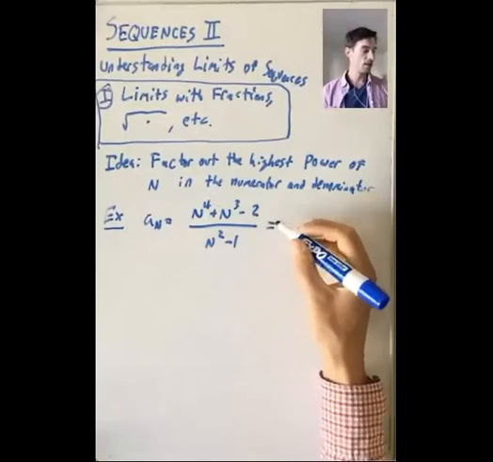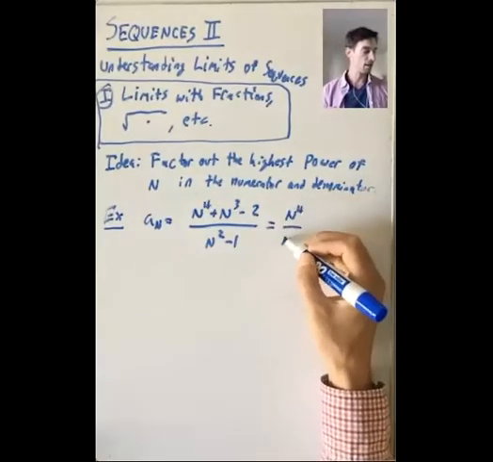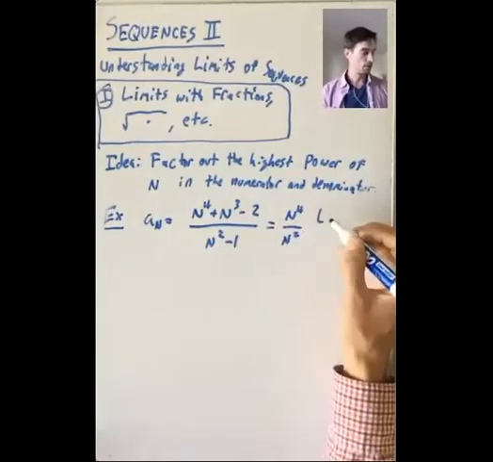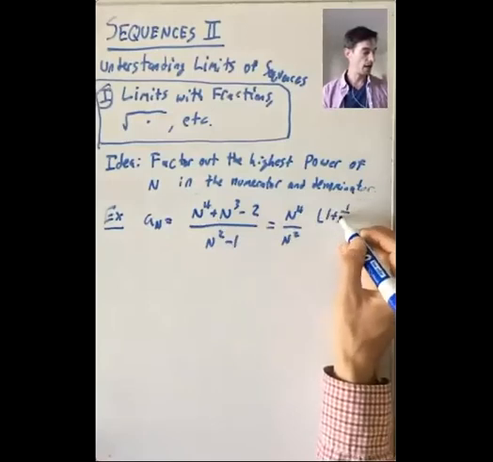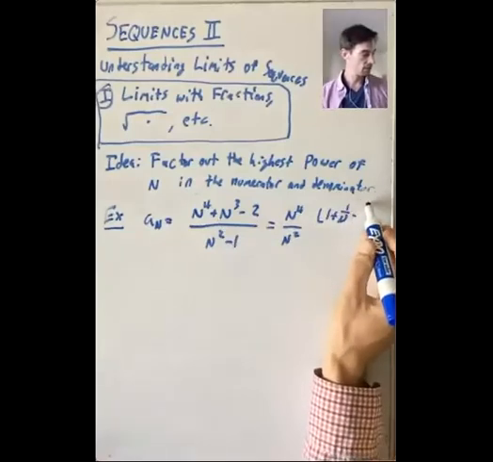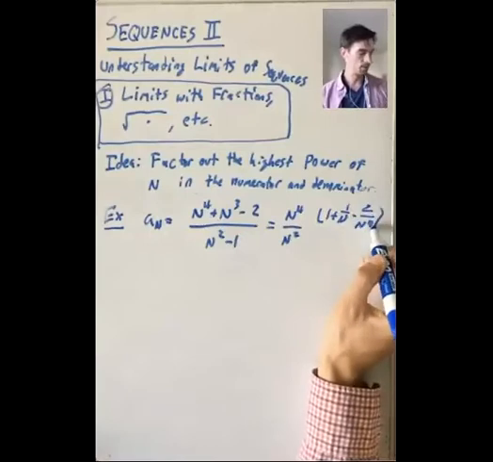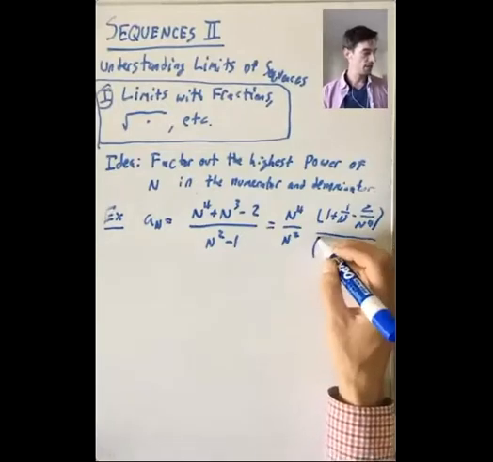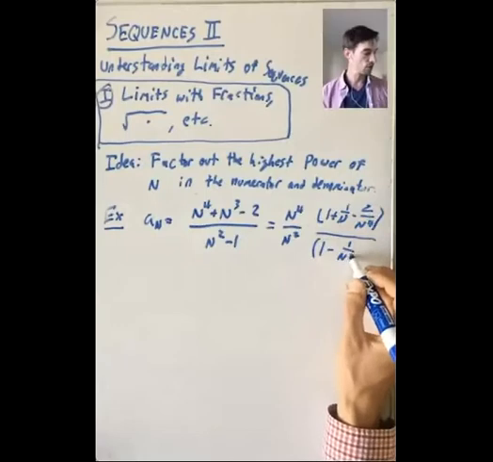So we're going to write the numerator as n^4 times something, and the denominator as n^2 times something. So for this to work, the numerator should be 1 + 1/n - 2/n^4. And the denominator then should be 1 - 1/n^2.